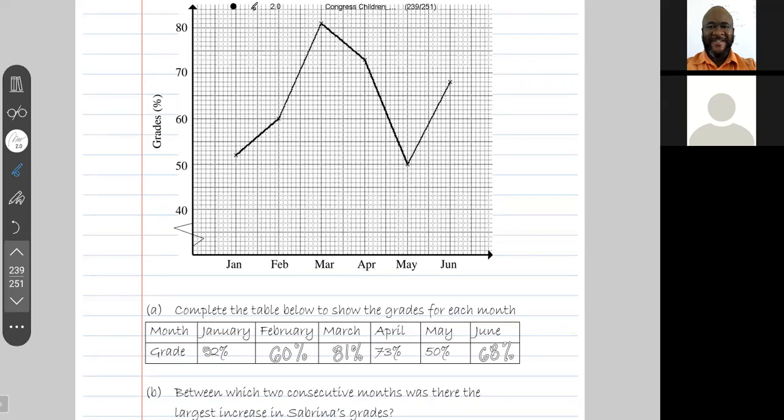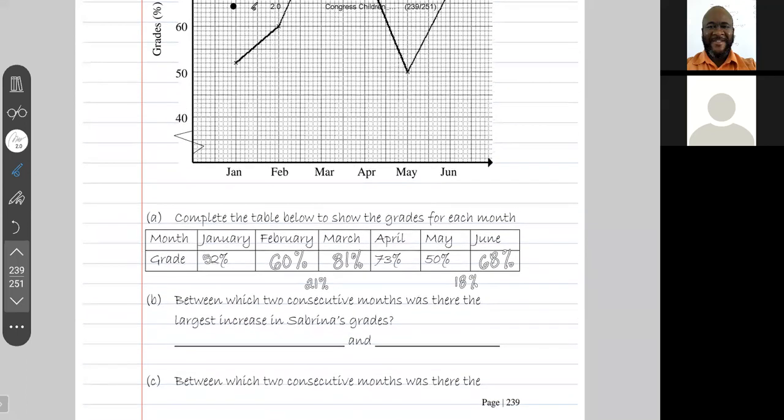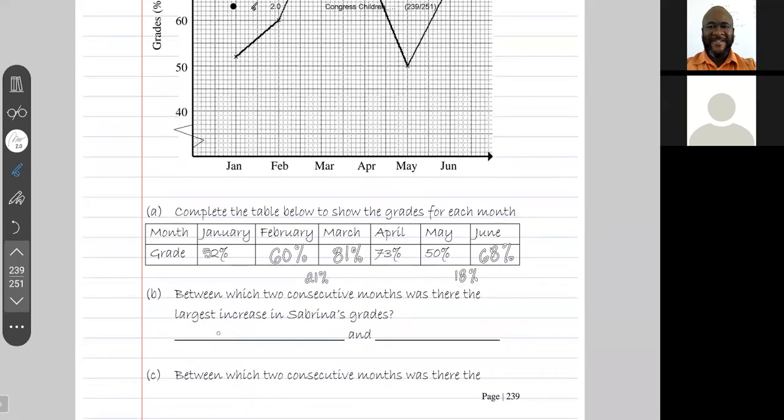That was the largest increase, because from February to March it was a 21% increase. There was an increase from May to June, which is an 18% increase. So the period for the greatest increase is February to March.